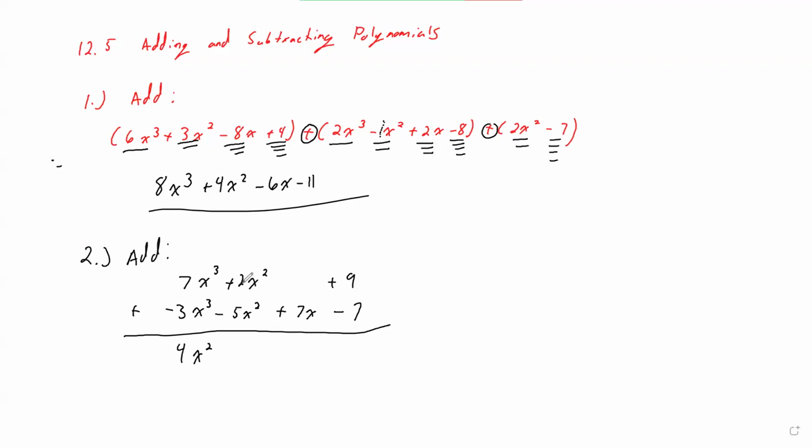Then 2 plus negative 5 is negative 3, and the x squared would stay the same. Blank plus 7x would just be 7x. There is an exponent of 1, yes, but we don't have to write it. And then 9 plus negative 7 would be 2.